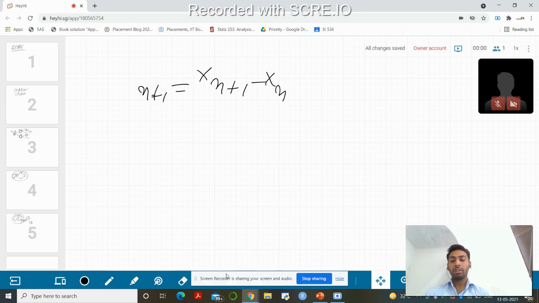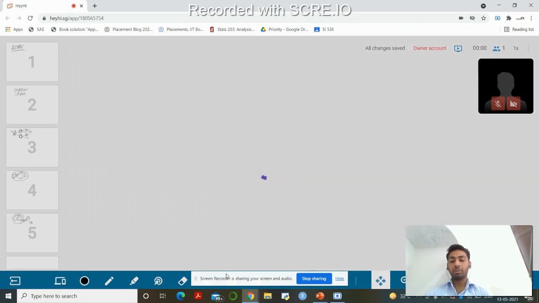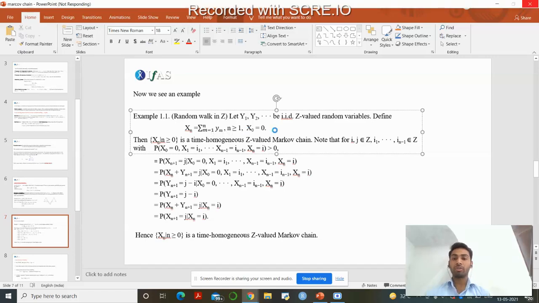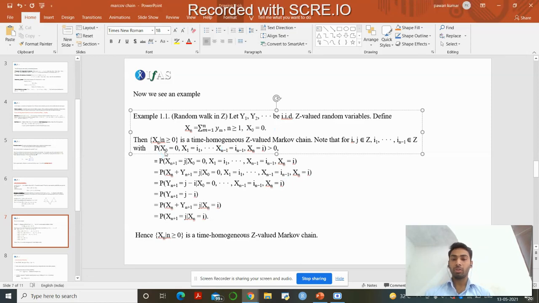We subtract Xn from X(n+1) and we get Y(n+1). So Xn is defined as Y1 plus Y2 up to Yn, where X0 is equal to 0. Then Xn, given n greater than or equal to 0, is a time homogeneous chain, and we will prove this. So the probability of X0 equal to 0, X1 equal to Y1, and so on, is greater than or equal to 0.